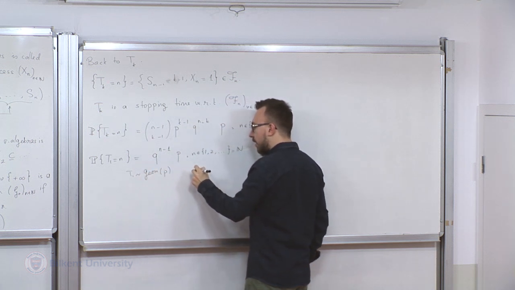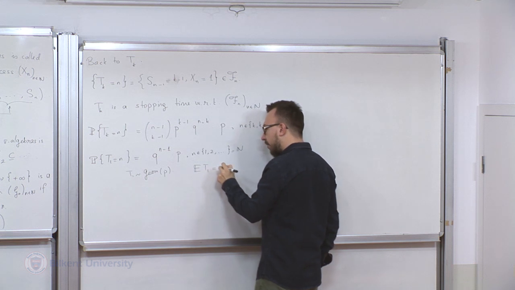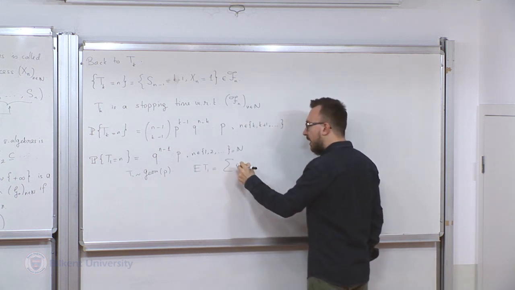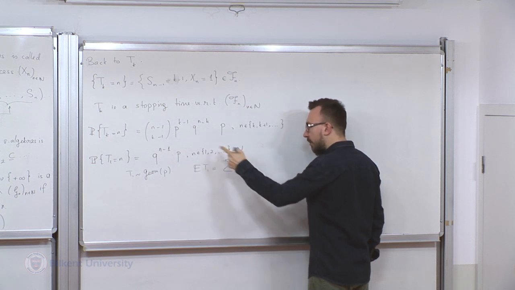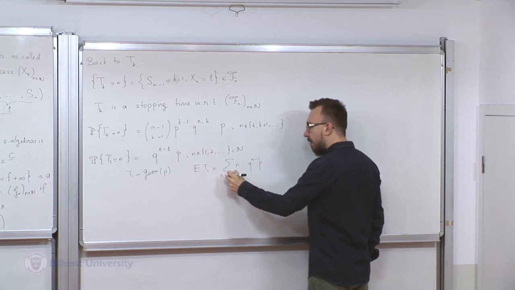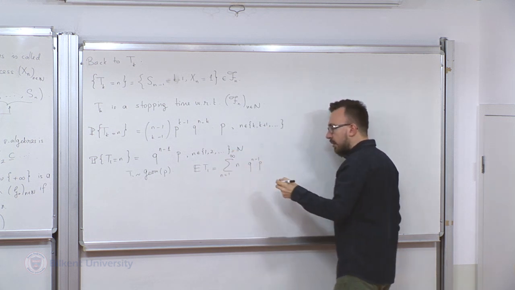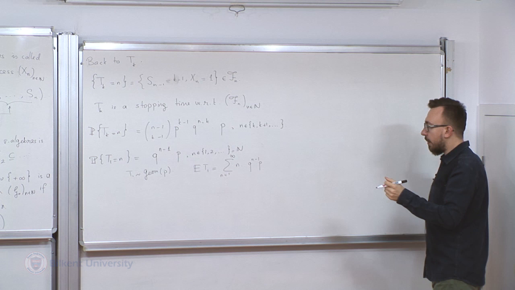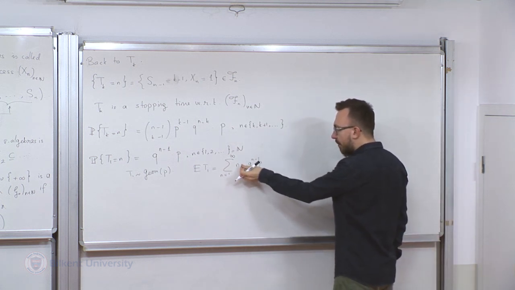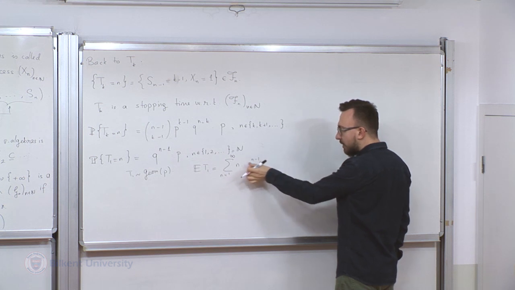And you can also calculate the expected value of this. So n times the probability that T1 equals n, so q to the n-1 times p, n from 1 to infinity. This is kind of the derivative of a geometric sum, right? You have n and q to the n-1.